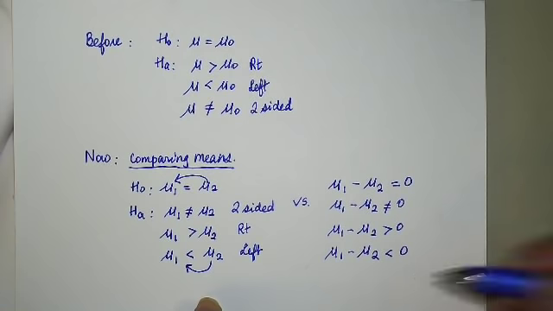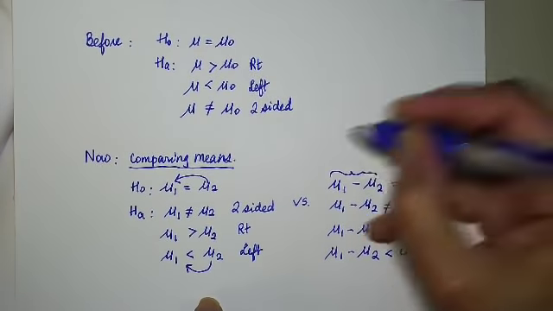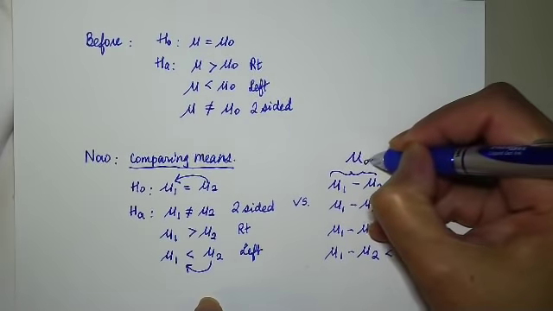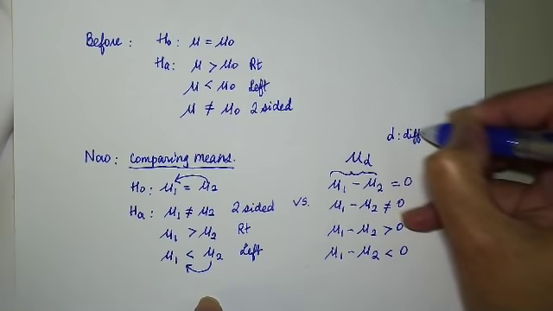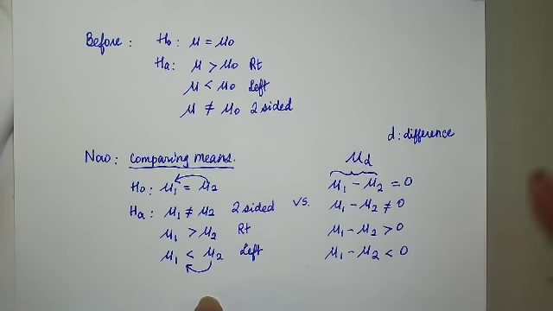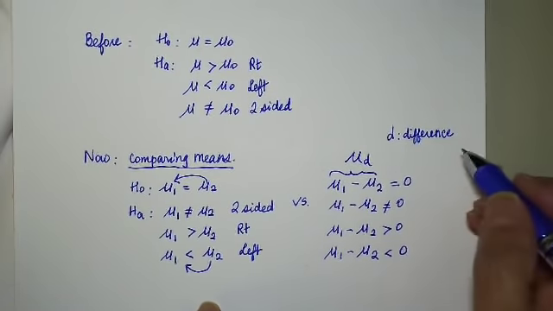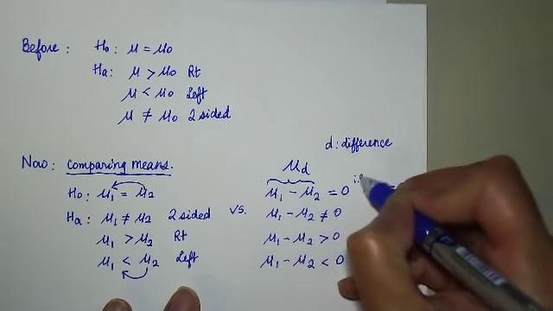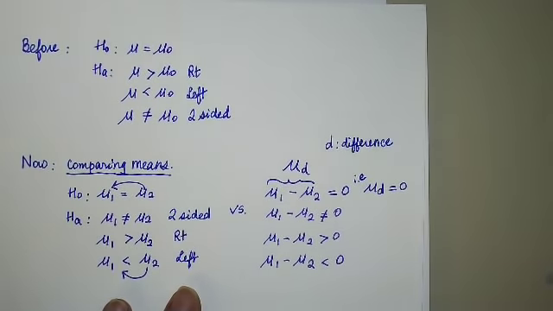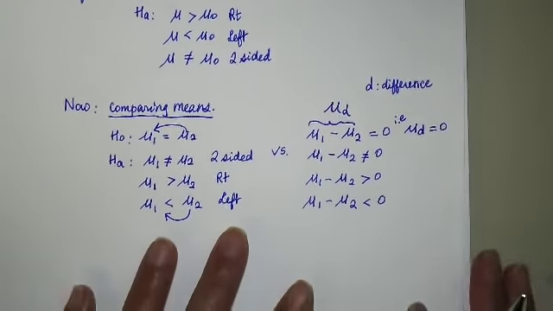I have just brought all these guys to the left side so that I can have a number on the right side. And this is now going to be called mu d. D for difference. So this one would be called, for example, mu d equals 0.